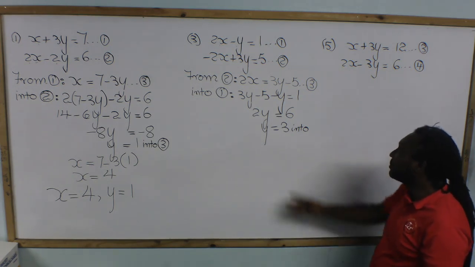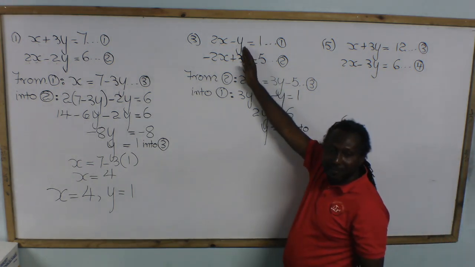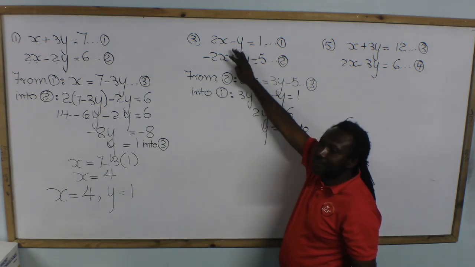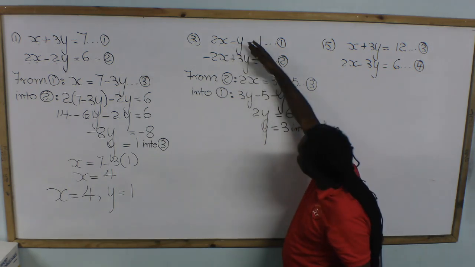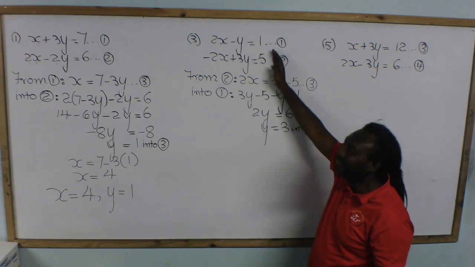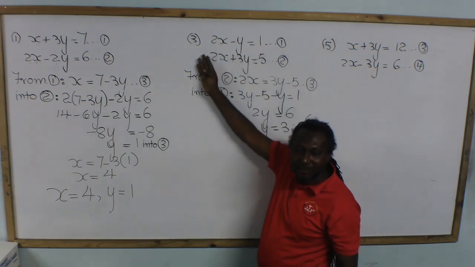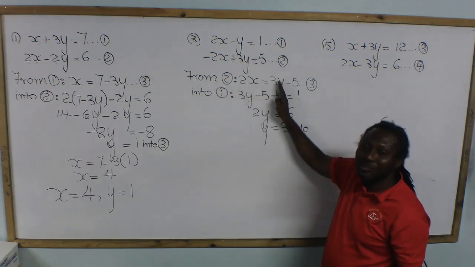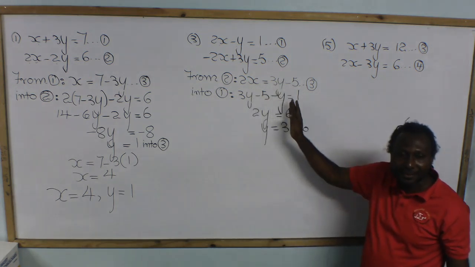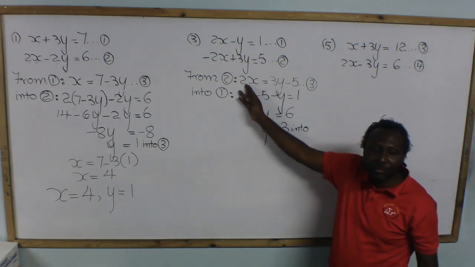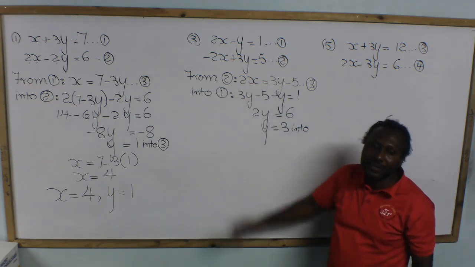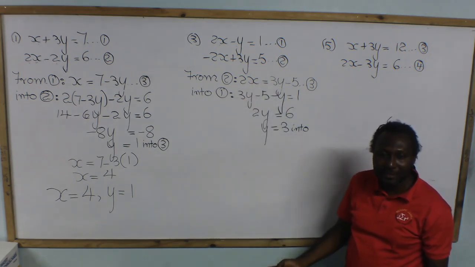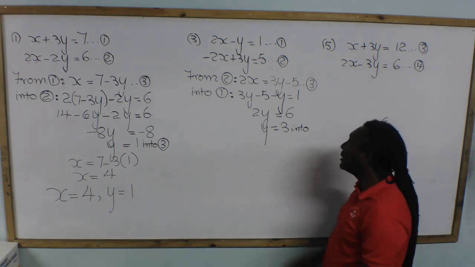What about equation 1? Sure, you can put that into equation 1. But when you put that into equation 1, you transpose the 3 to this side, then you divide by the 2. With this one now, it is already transposed in favor of x. Although we have it multiplied by 2 here, it is already in favor of x. Understand what I'm saying?